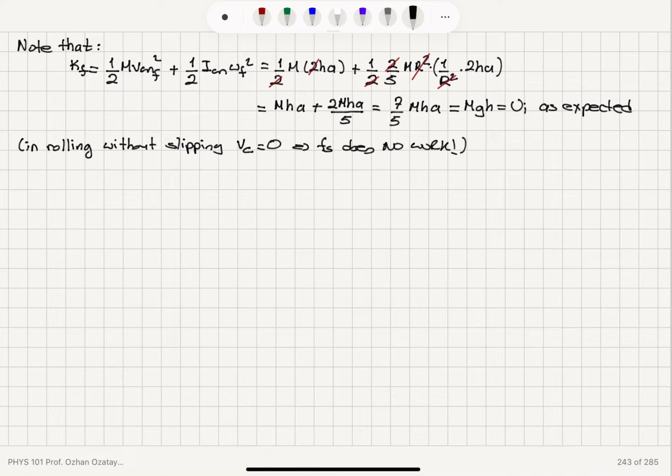Therefore, we have potential energy turning into kinetic energy. So if you look at what's happening on the right side of the hemispherical bowl, let's concentrate on the right side.